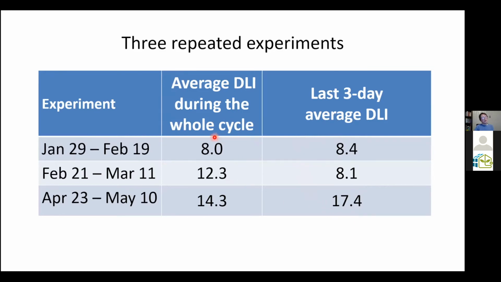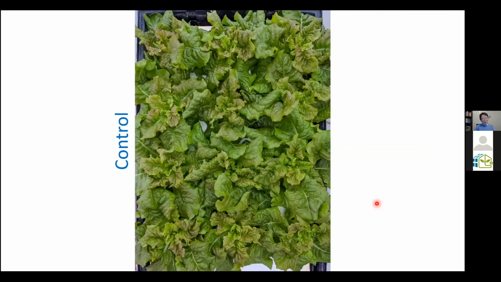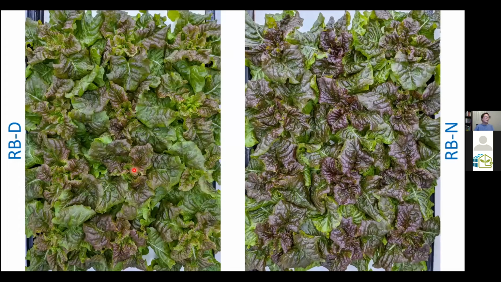So we show here both the average DLI during the whole cycle and the last 3 days. The last 3 days for the first 2 experiments were lower, and the final one was a sunny day. So here is how the plants looked in the control without any supplemental lighting, and then with red and blue during the day for 12 hours, and with 12 hours at night.